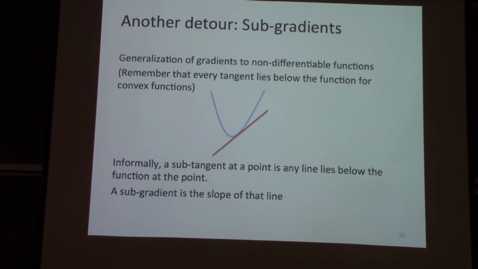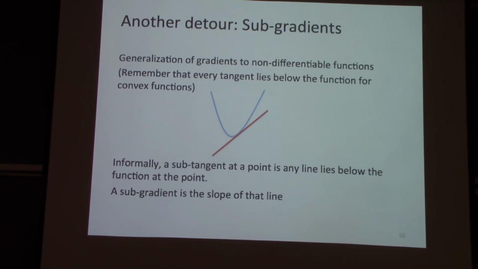But that hyperplane always lies below the function itself. And if the function is smooth and differentiable, there's only one such tangent plane. So this is what happens when the function is smooth and differentiable.